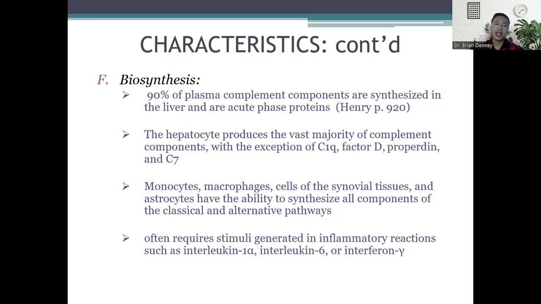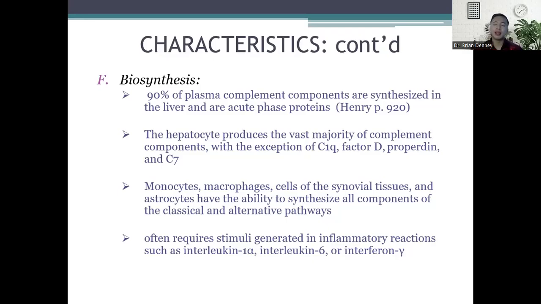So the hepatocytes found in the liver produce the majority of your complement proteins, with the exception of C1q, factor D, properdin, and C7. C1q is actually produced in your intestinal epithelial cells, whereas factor D is produced in your adipocytes.